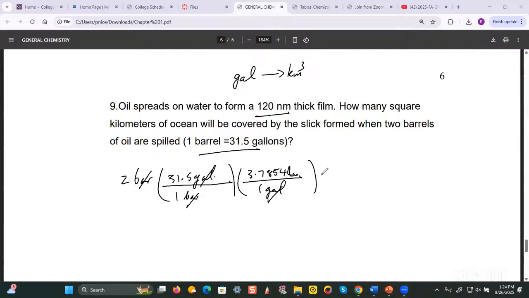And now, what would I do? I can transform liters to meters cubed. What's the relationship between the liter unit and meters cubed? 1,000 liters is equal to 1 meter cubed.